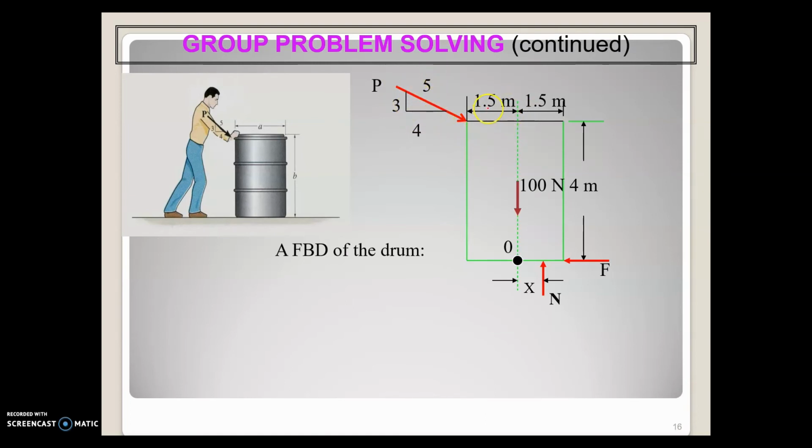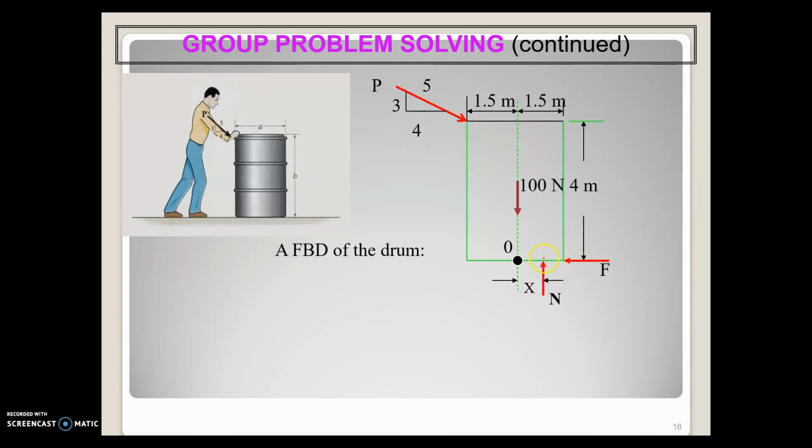Distance awak tengah-tengah ni. Okay, ni X 3 mm dan 2 1.5. Right? You ada weight 100 Newton. Okay? Dekat point O ni center dia. So normal force dia akan act pada distance x kat sini. Alright.